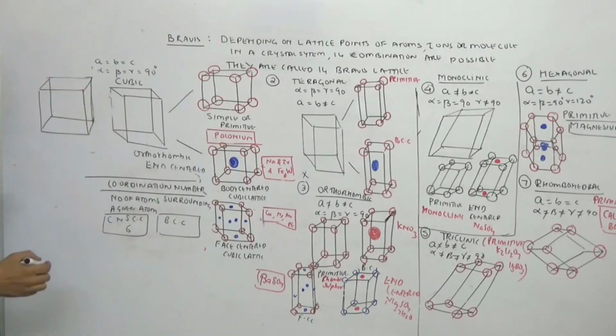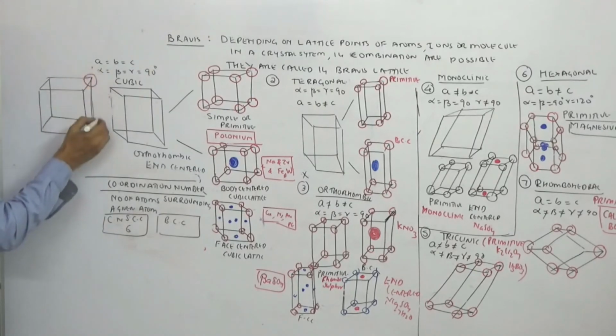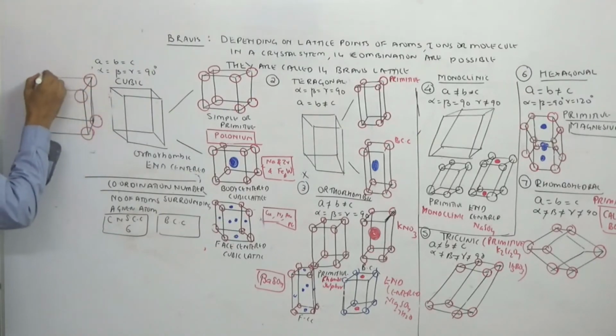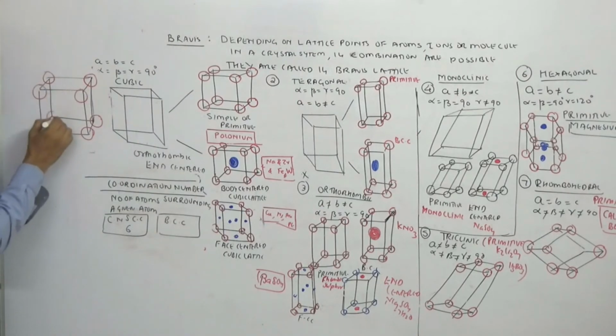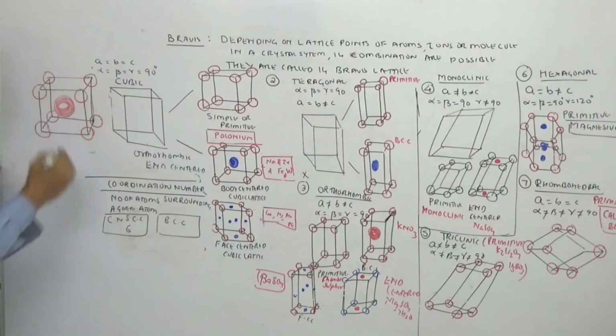So where are the atoms present? Atoms are present in the 8 corners. 1 2 3 4 5 6 7 8, and there is an atom present in the center of the body.